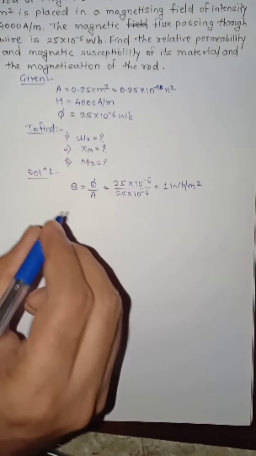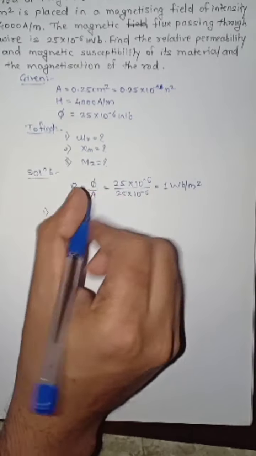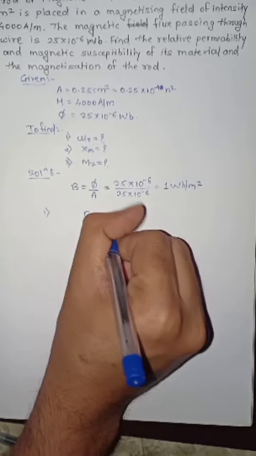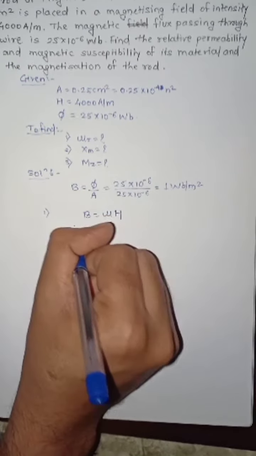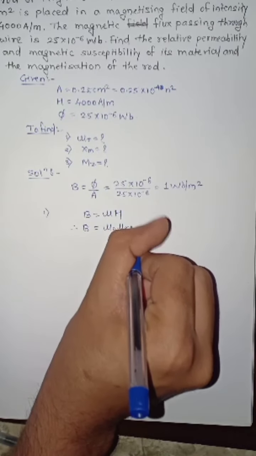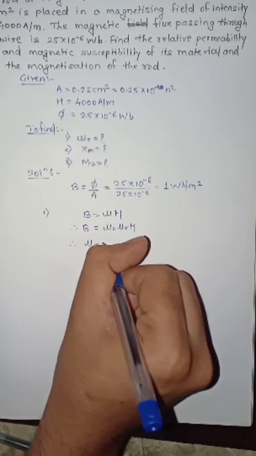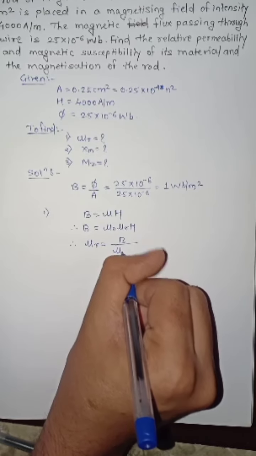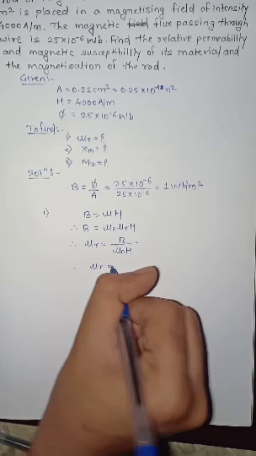Okay, now first point, we have to find out mu r. So to find out mu r, we know that magnetic field B is equal to mu into H. Therefore B is equal to mu 0 into mu r into H. Therefore relative permeability mu r is equal to B upon mu 0 into H. Therefore mu r is equal to, what is B?